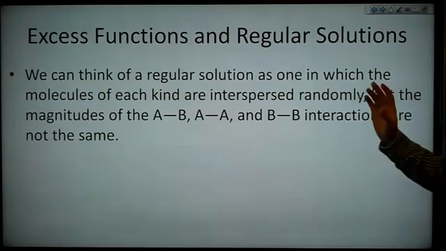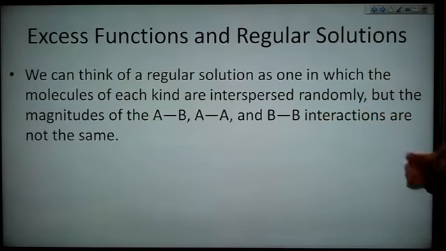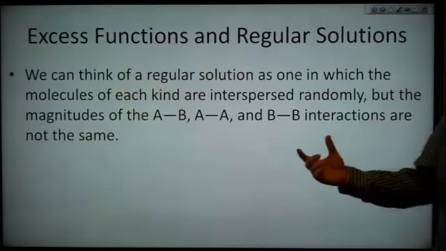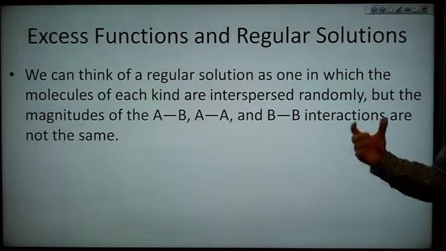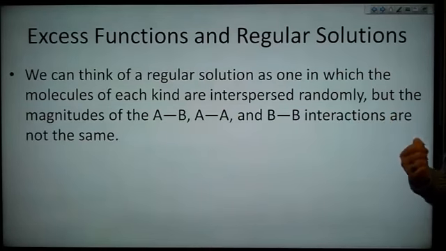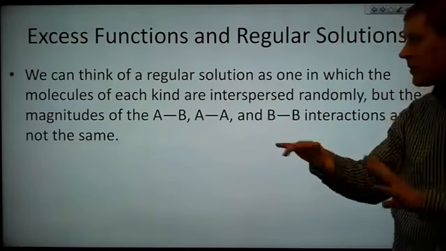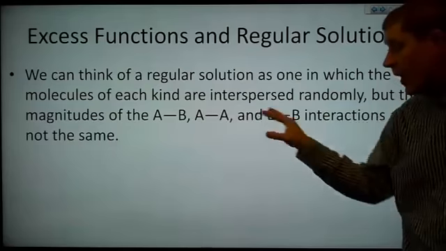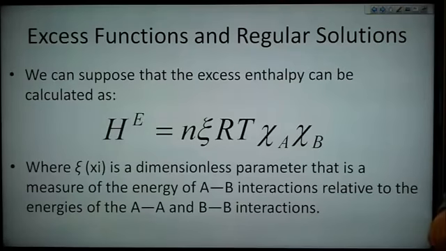Right, so we can think of a regular solution as one in which our molecules of each kind are interspersed randomly, but the magnitudes of the AB and AA and BB interactions are not the same. So it's not like we have two different phases going on, they're just interspersed randomly, but our interactions aren't similar in magnitude.